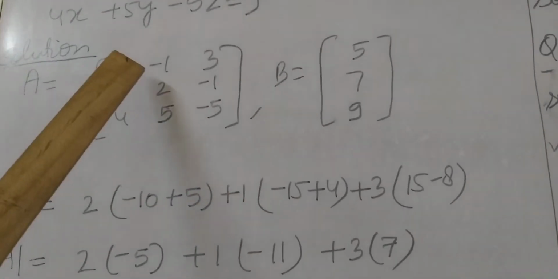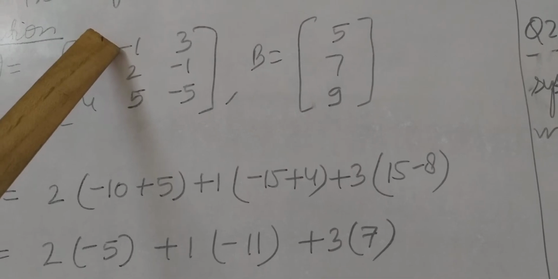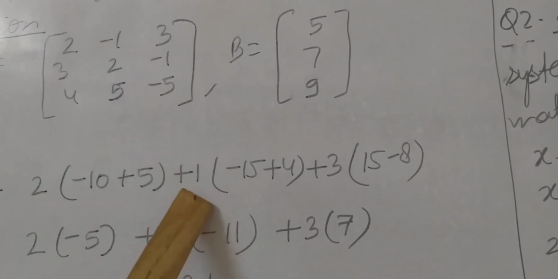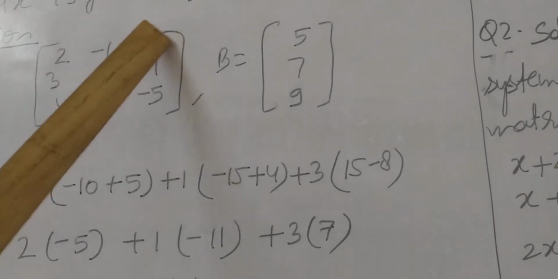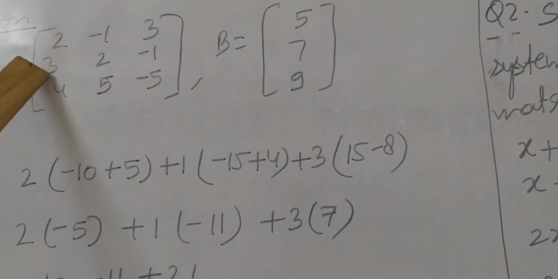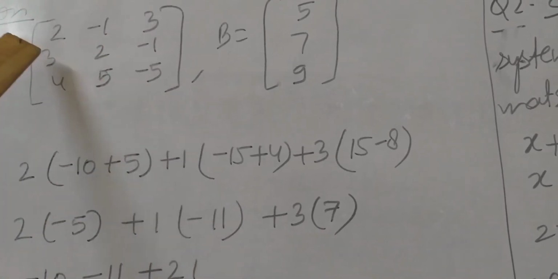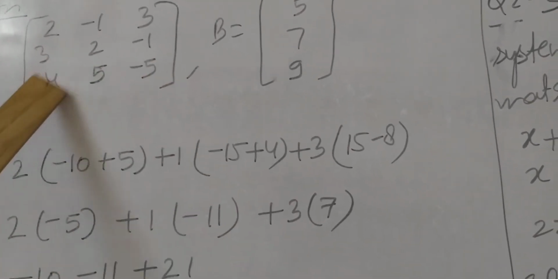Now it is minus 1 and it is at the place of A12, so that minus and this minus become plus 1. Now this column and row will be deleted. Left values are 3, 4, minus 1, minus 5. So we have to find this determinant: minus 15 plus 4.